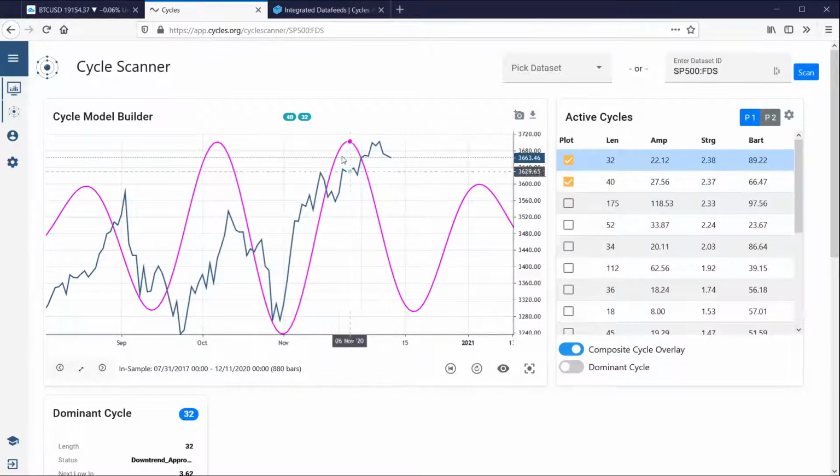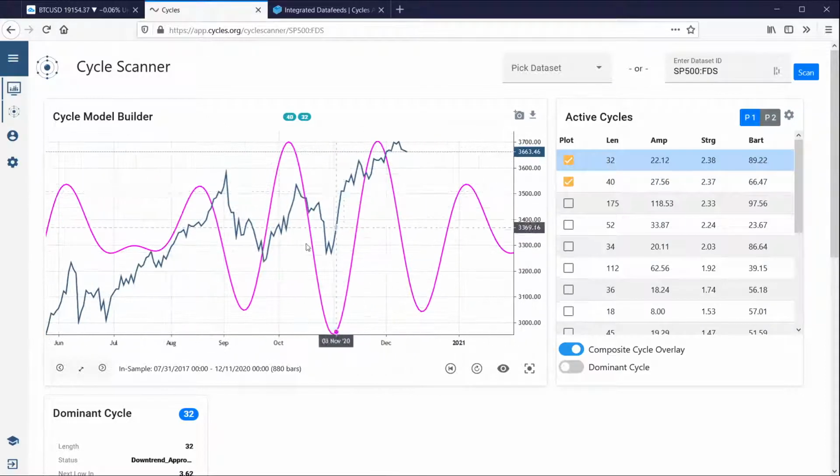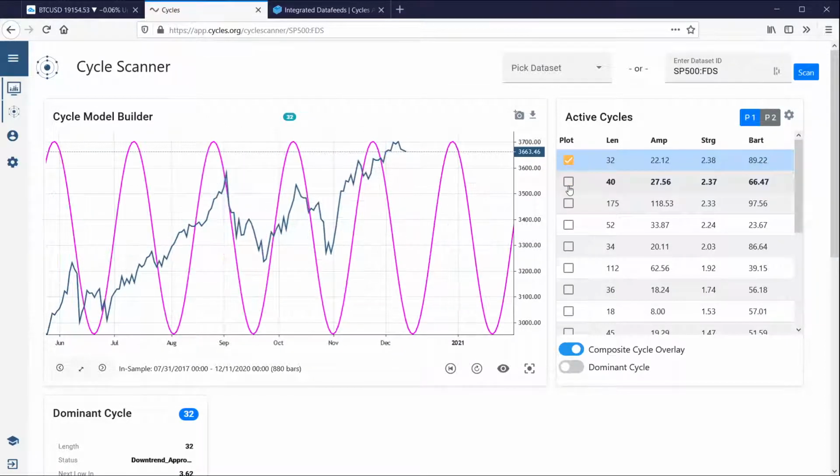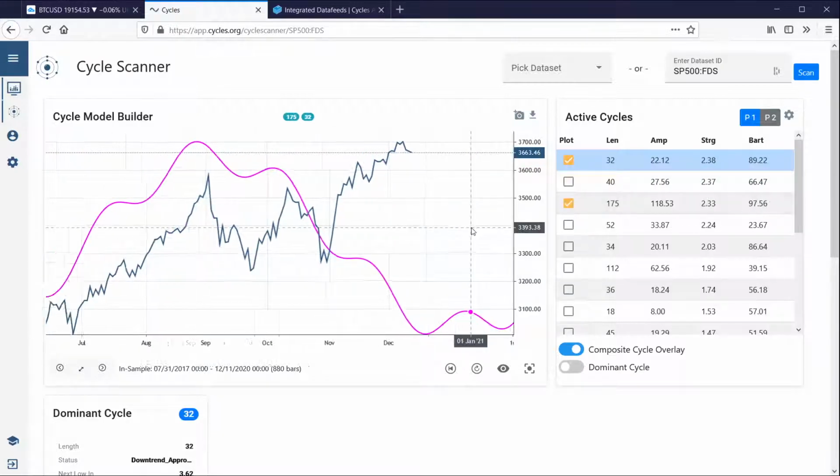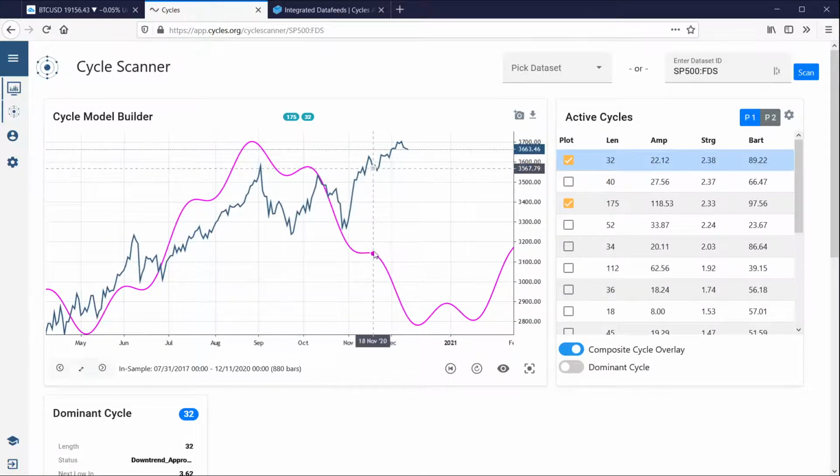You can add the shorter term cycles, and you see that the market is currently in sync with them. If you just add the longer term cycle, the shorter term cycle is not visible in the composite, because the amplitude of the longer term cycle masks the shorter term cycle in the composite view.